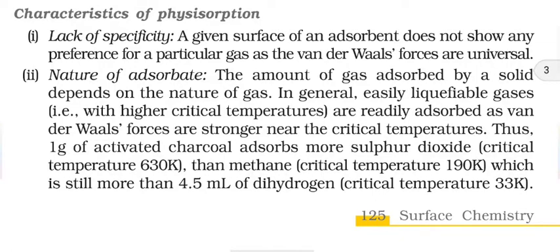The same type of stronger van der Waals forces can occur with metals. Thus 1 gram of activated charcoal adsorbs more sulfur dioxide, critical temperature 630 Kelvin, than methane, critical temperature 190 Kelvin, which is still more than 4.5 ml of dihydrogen, critical temperature 33 Kelvin.